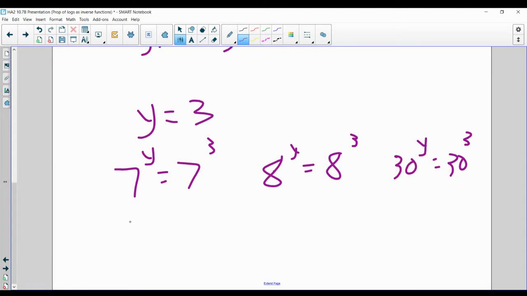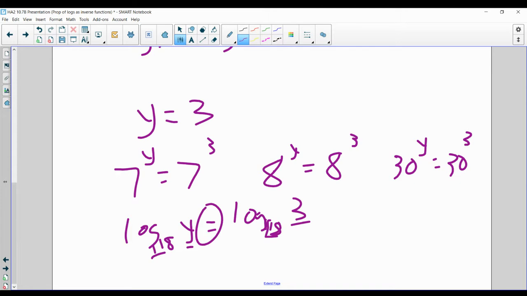If y was equal to 3, then log base 8 of y would equal log base 8 of 3, because y would still have to be 3. Or 18 for the bases, or 118 for the bases. As long as those two things are the same, these two things would have to match up as well in order for the problem to be equal.